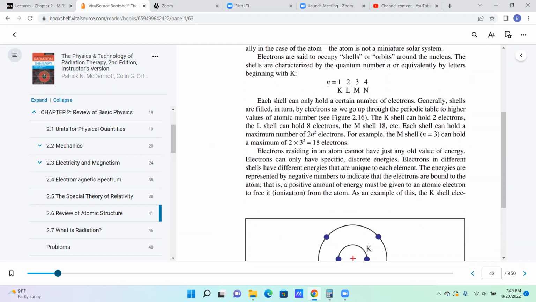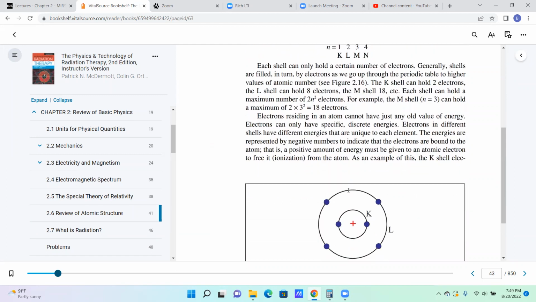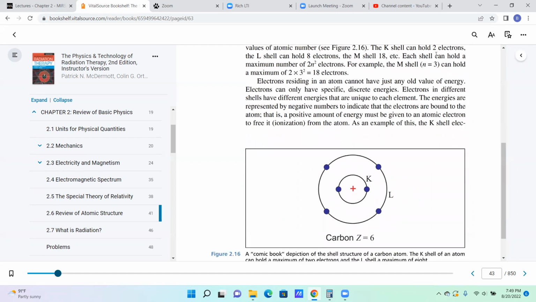Each shell can only hold a certain number of electrons. Generally, the shells are filled in turn by electrons as we go through the periodic table. The K shell holds 2, the L shell can hold 8, M can hold 18, and it goes by 2n squared electrons. So in other words, for the M shell, n is 3, so it can hold 18 electrons.